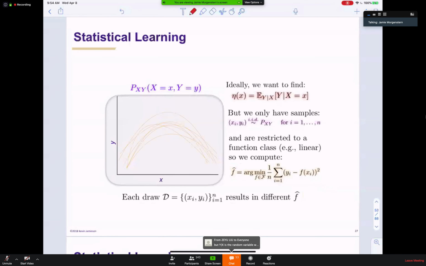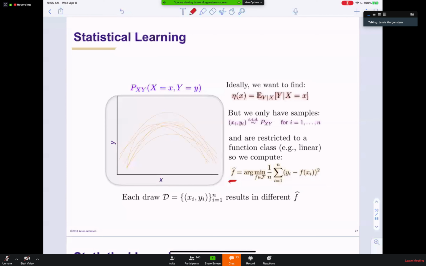Okay. So I think it's worth thinking about the following thought experiment. f hat is the model we learn for a particular set of data that we've trained upon. And if we think about rerunning the collection process, where suppose our sample size is 100 and we have 100 examples and we use those to train a linear model, we'd get some function.